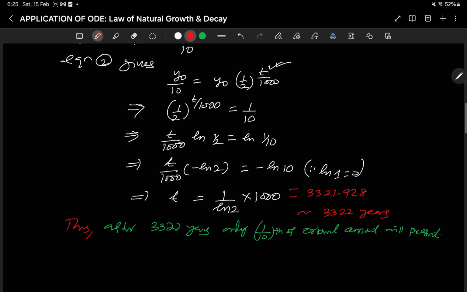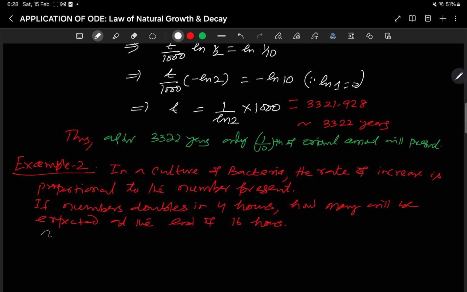Now coming to another example. So now coming to the solution. In a culture of bacteria, the rate of increase, here growth, is proportional to the number present. Right? If the number doubles in every 4 hours, suppose the original amount is y0.